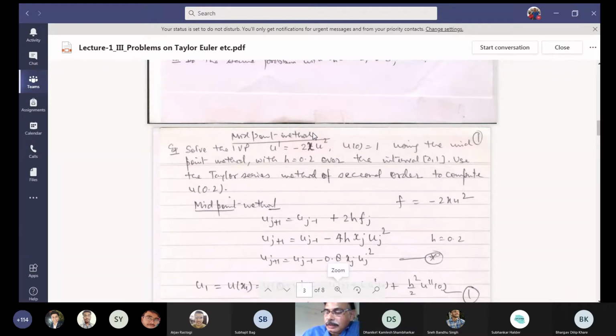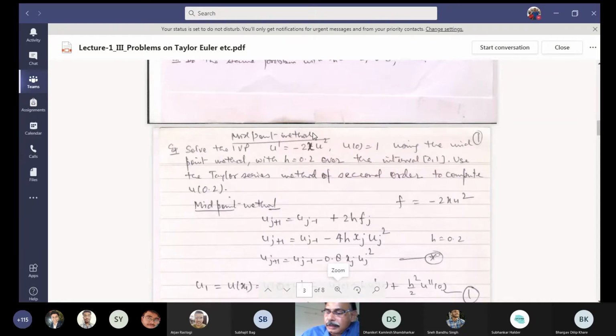Now, what is your Euler method? u_{j+1} equal to u_j plus h u_j prime, right? u_j prime is what? You can put the value here. u_j prime will be minus 2 x_j u_j square.